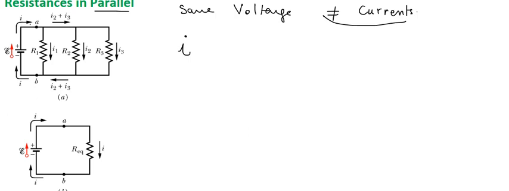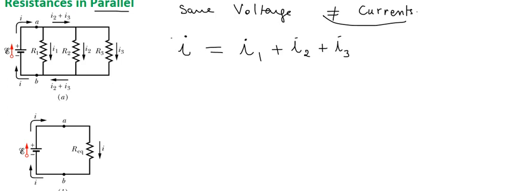The current will be divided here into I1 and I2 plus I3, and I2 plus I3 will be divided at this junction into I2 and I3. So by the end of the day, you get I equal to I1 plus I2 plus I3. That's just conservation of charge, which is exactly what the junction rule means.